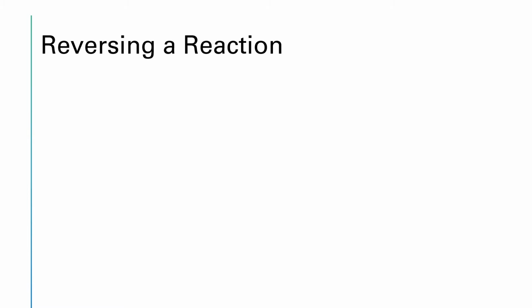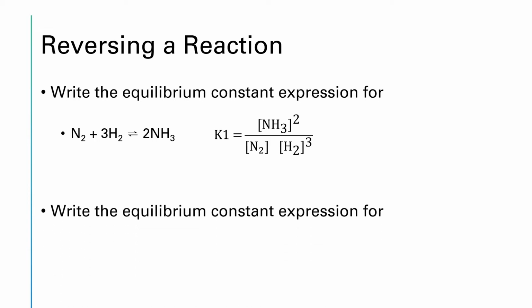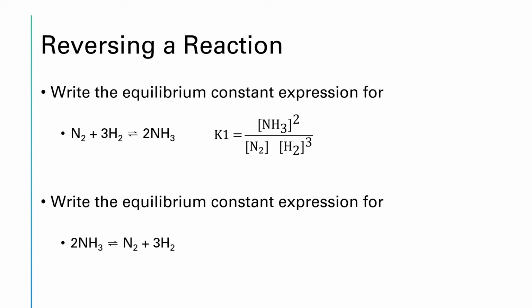Let's see what happens when we reverse a reaction. So let's go back to our same original reaction and our same original K1, our equilibrium constant. And now let's flip this reaction around. And so let's make 2 ammonia the reactants and nitrogen and 3 hydrogens the product.